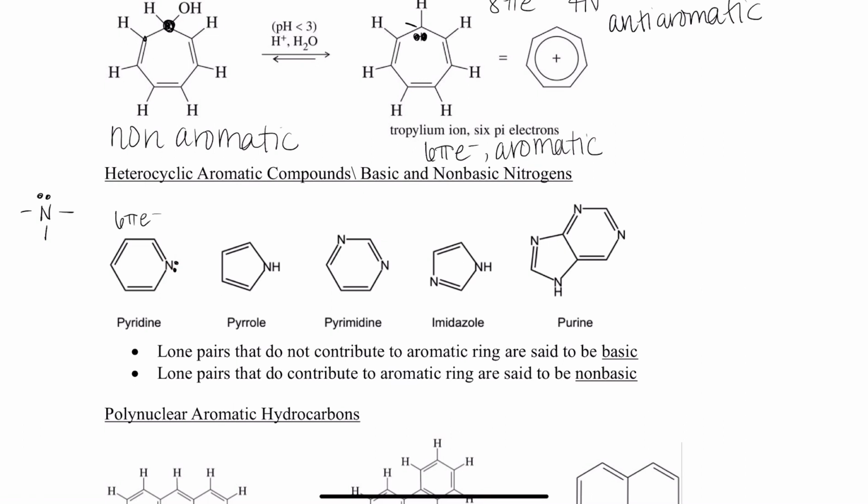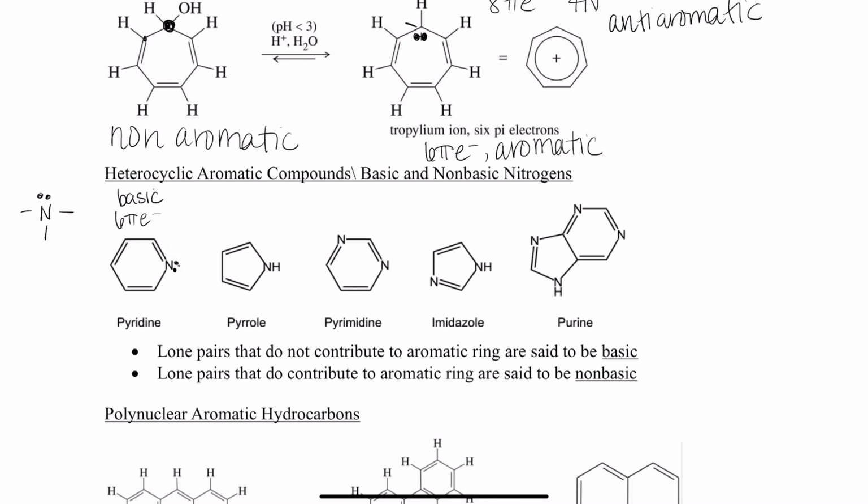This is definitely aromatic. And this nitrogen is said to be basic, because with this lone pair, we are capable of accepting a proton, which would then put our nitrogen in a positive state.